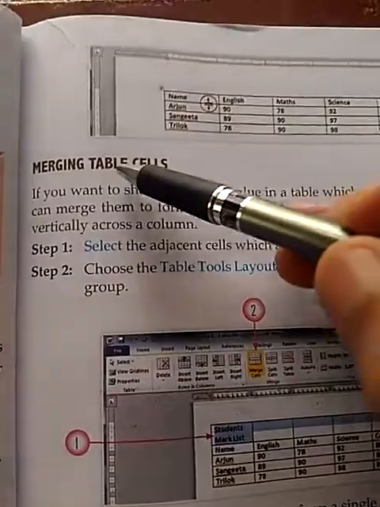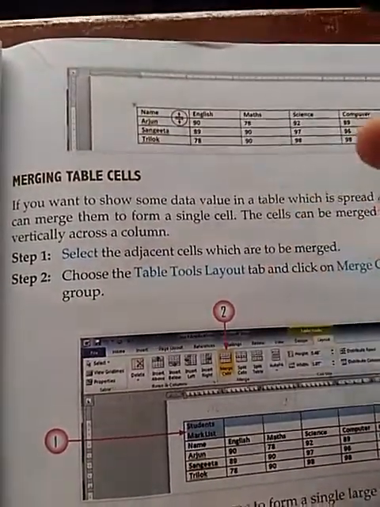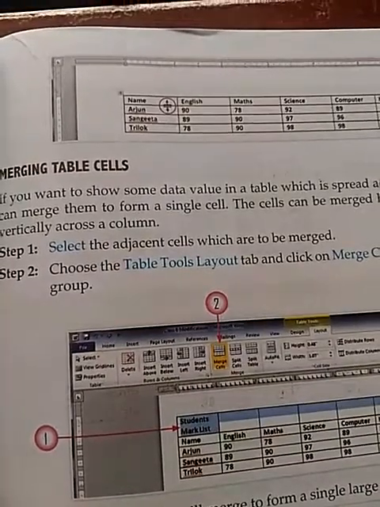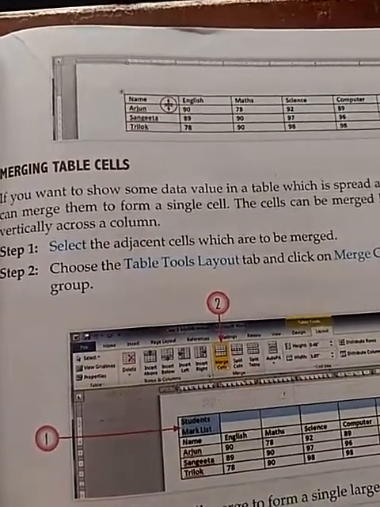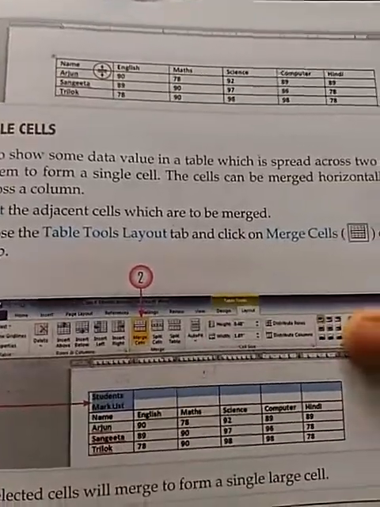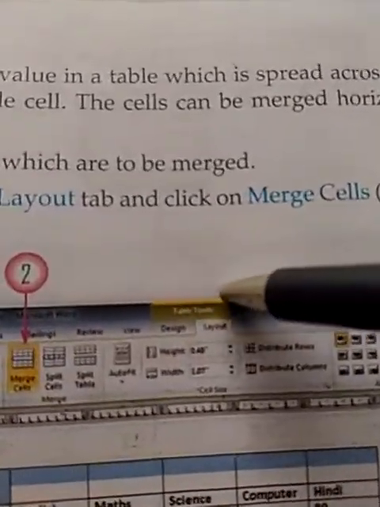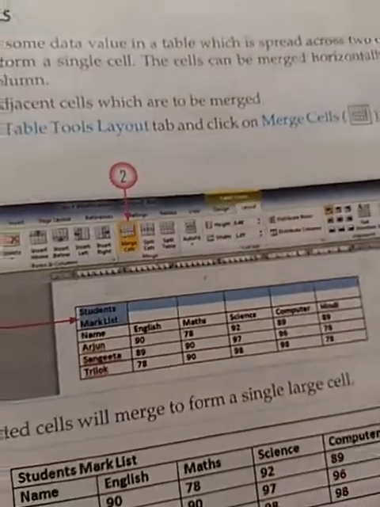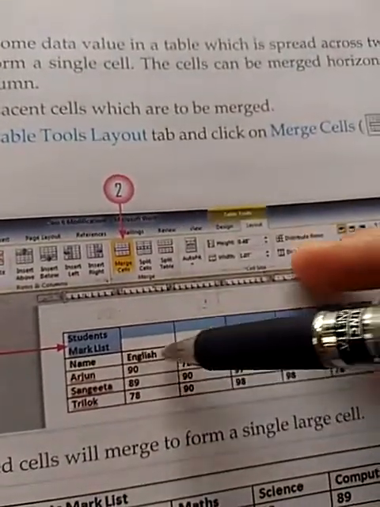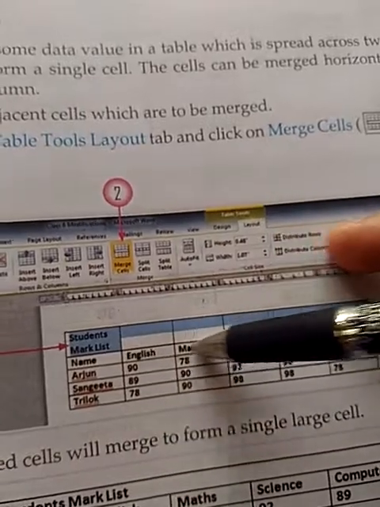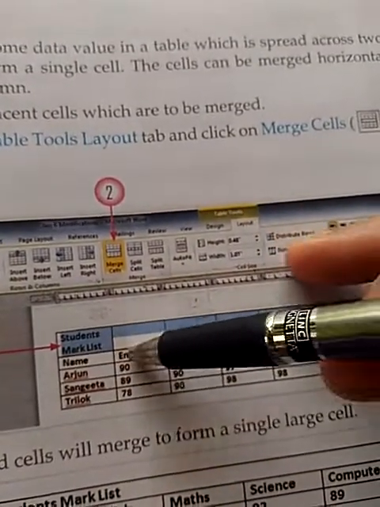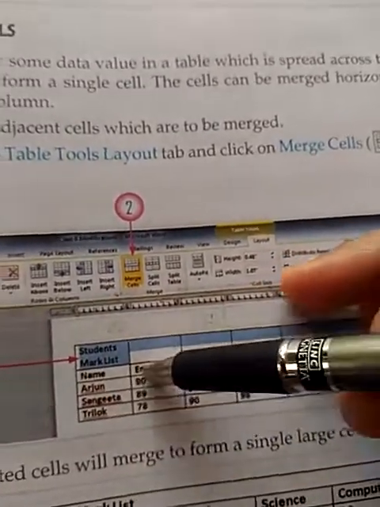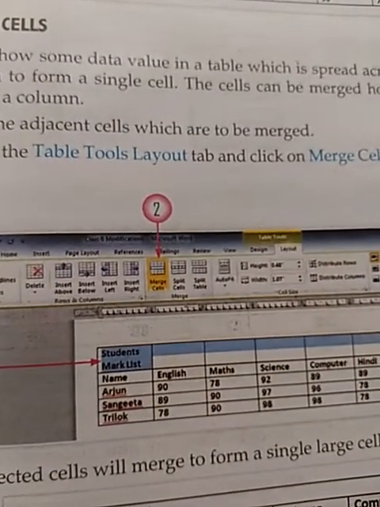Now the option merging table cells. The merge cell option is helpful in joining two or more cells to make a large cell. The merge cell option is available under the Layout tab. So what is the merge cell option? Suppose we want to merge these two cells, or join all these cells, then how is it possible?